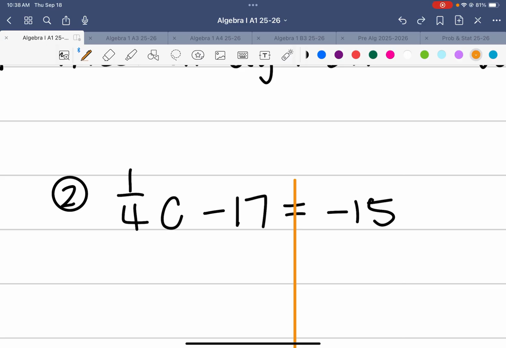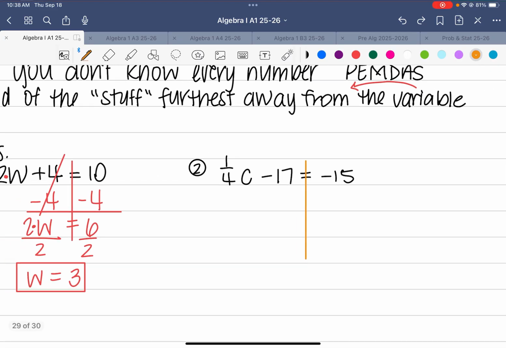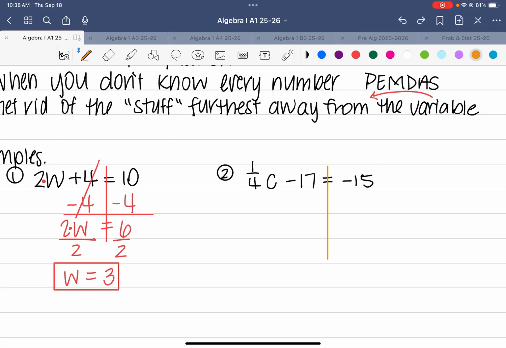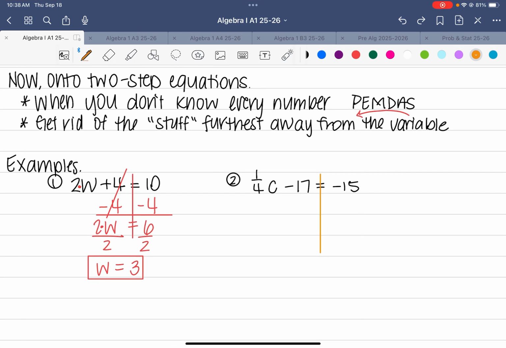So my variable is c, okay? What number is further away, physically further, the 1/4 or is the 17 further away? My 1/4 is right up against it. My 17 is a little bit of a distance. So the furthest number from my c is 17. How do I get rid of subtraction? We're going to add. What I do to one side, I have to do to both.